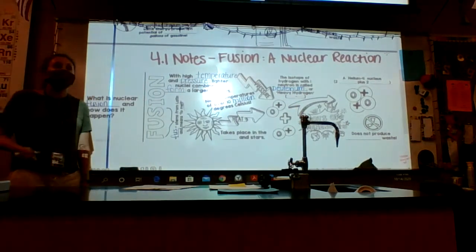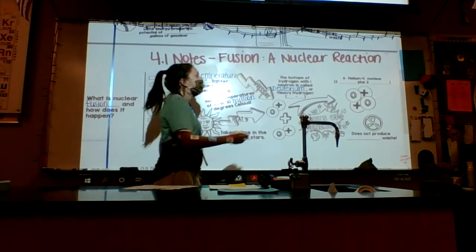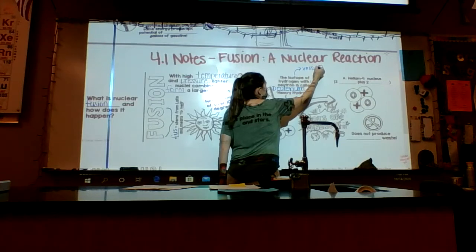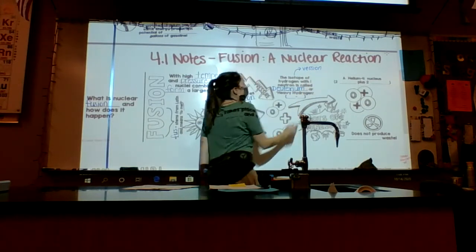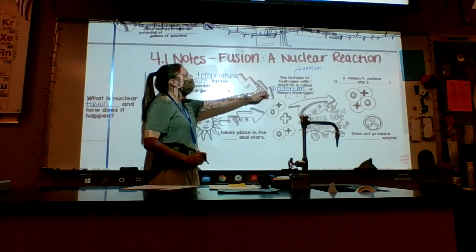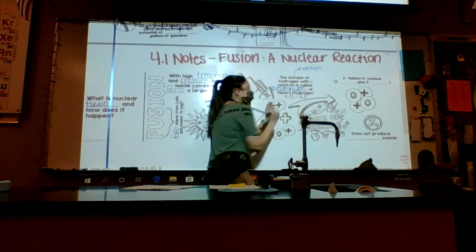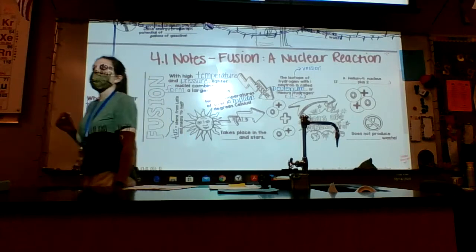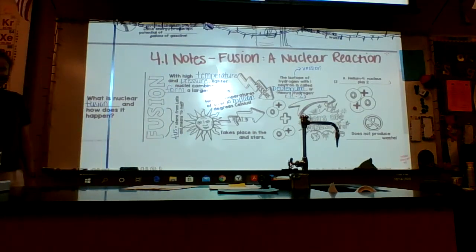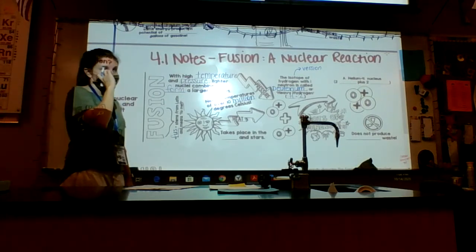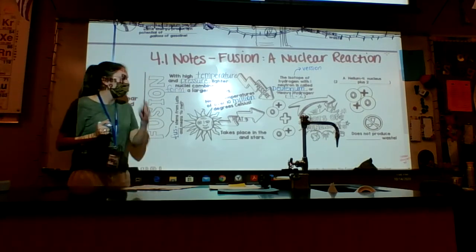The science word is an isotope, but that just means version. The version of hydrogen with 1 neutron is called deuterium or heavy hydrogen, and we use H2 to symbolize that. Why don't we just call it hydrogen? Because there's different versions of hydrogen, and this is a very specific version.